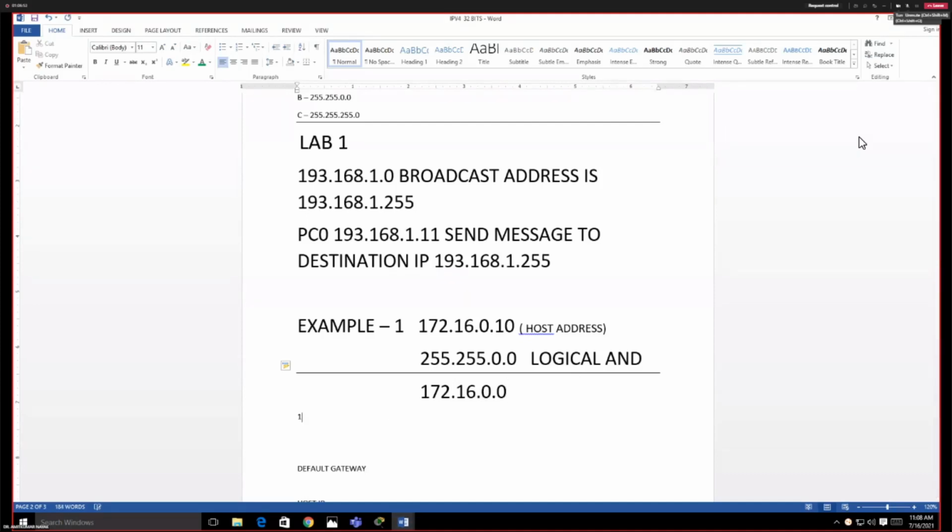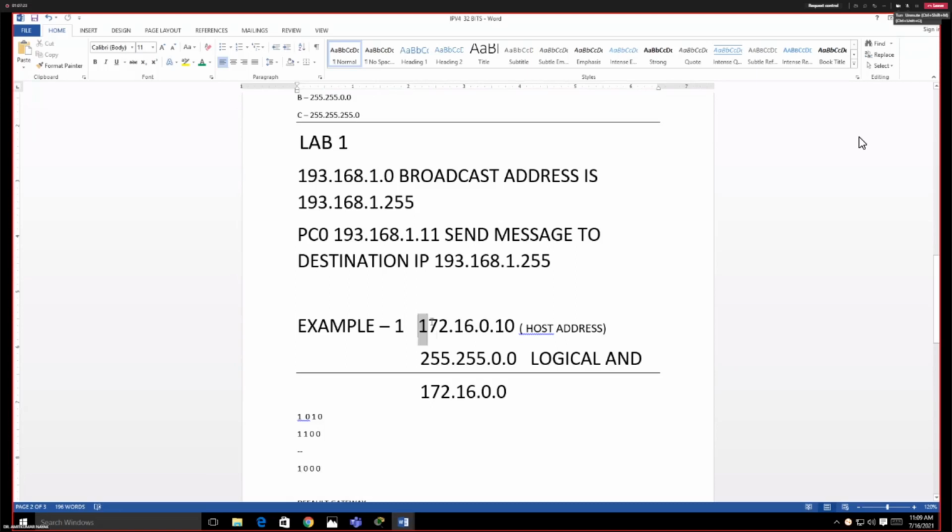If the inputs are 1 and 1, then the output will be 1.